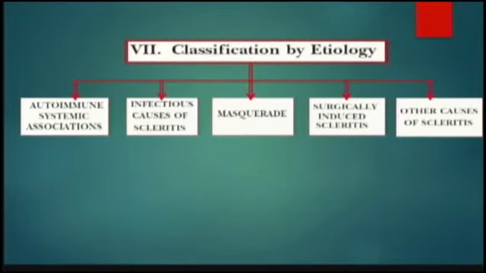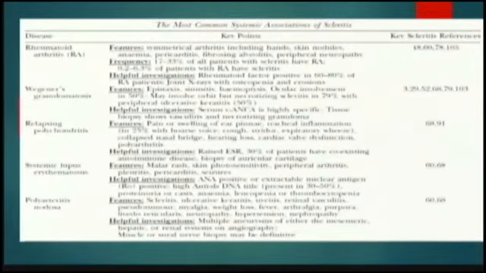In classification of scleritis, we usually classify according to the etiology or the site of inflammation. Both are well accepted classifications, and both will guide you in terms of diagnosis and treatment. The first one is the autoimmune system associated, which is usually the common associated diseases.